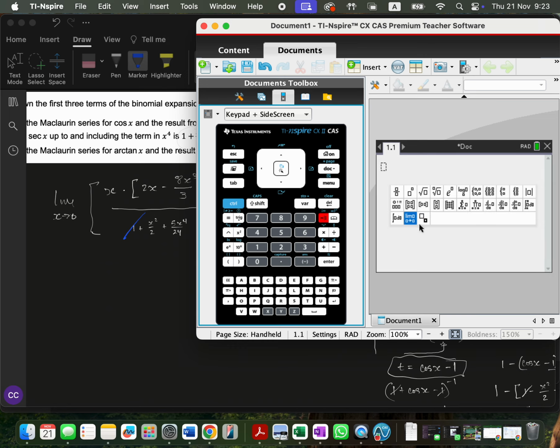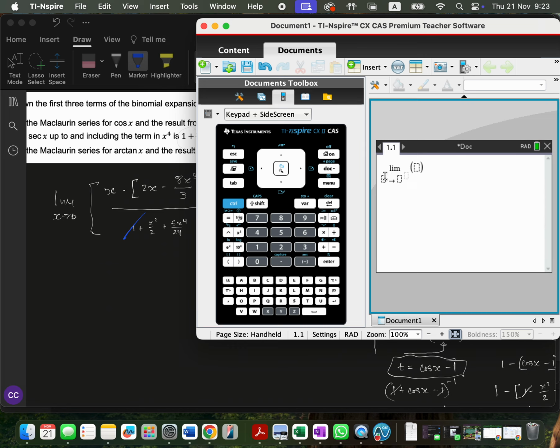So if I go over here, my limit is right there, and I want the limit as x approaches 0 of, this is going to be x times the quantity 2x minus 8x to the third, divide by 3, plus 32x to the fifth, divide 5, and I am then going to divide that by x squared over 2.